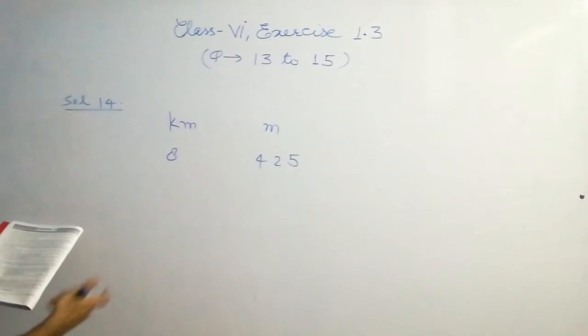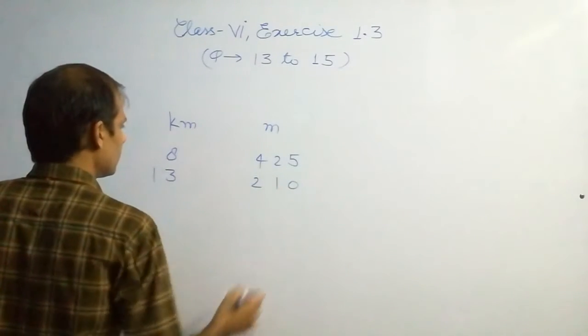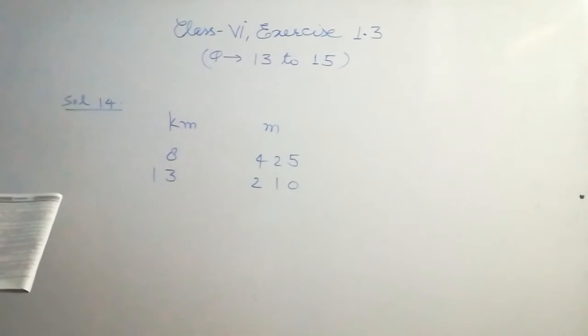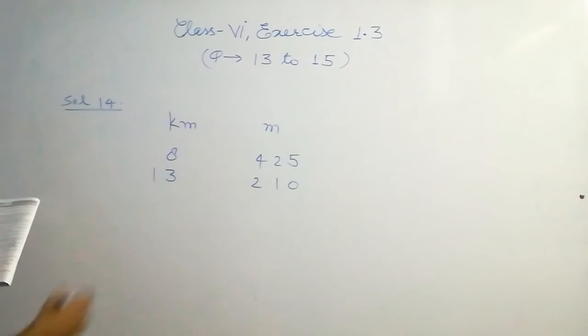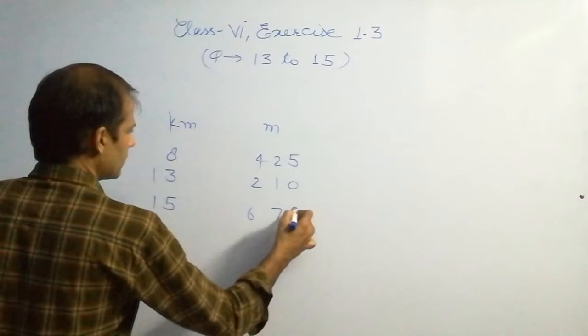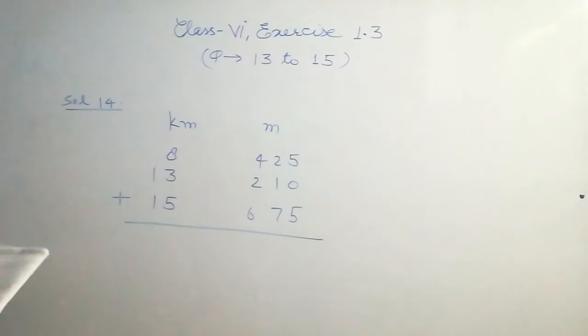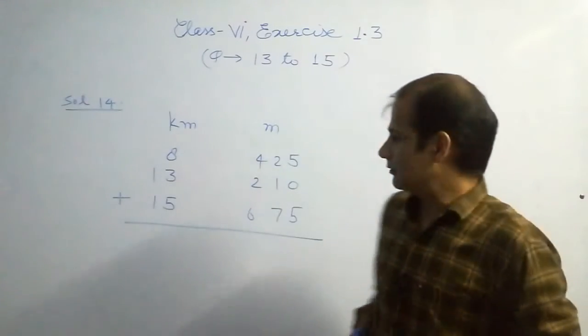Then next value is 13 km 210 meter, and next value is 15 km 675 meter, and put a plus sign. So check the values: 8 425, 13 210, and 15 675. Okay, now perform the addition.